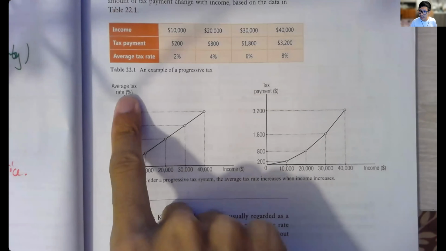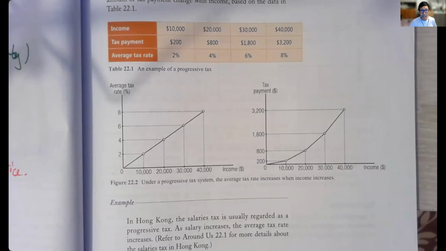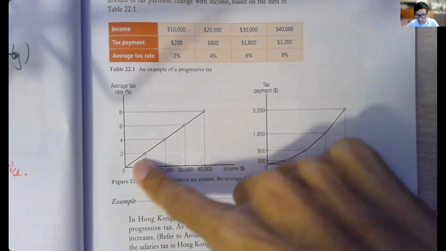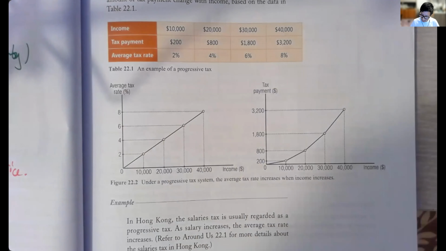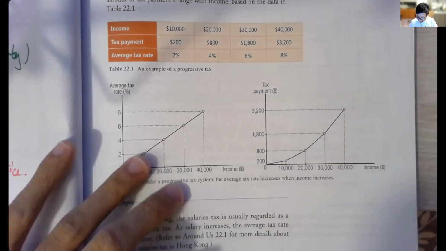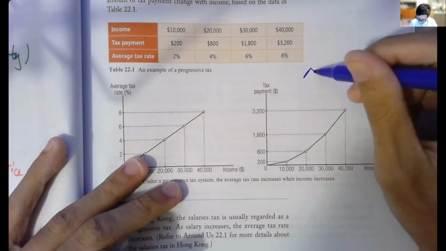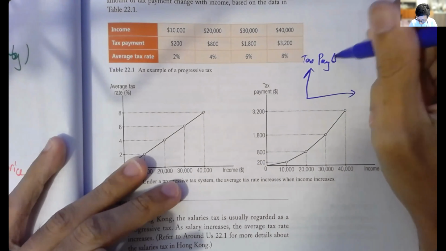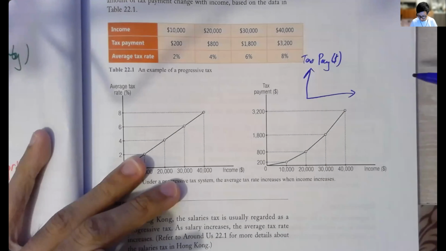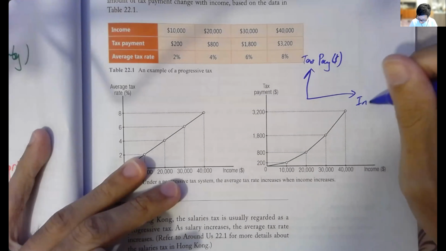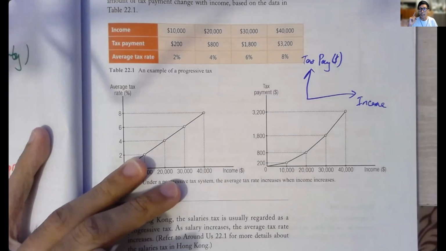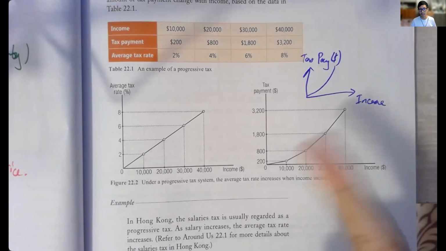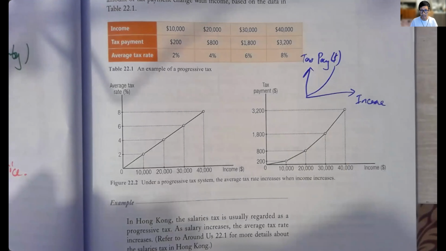If it is a tax rate, how steep it is doesn't matter. The main point is that when we talk about average tax rate, it is increasing. While for the tax payment in terms of the actual dollar amount, with income on the other axis, a progressive tax must be curving upwards. It is not a straight line; it slopes upward and gets steeper.